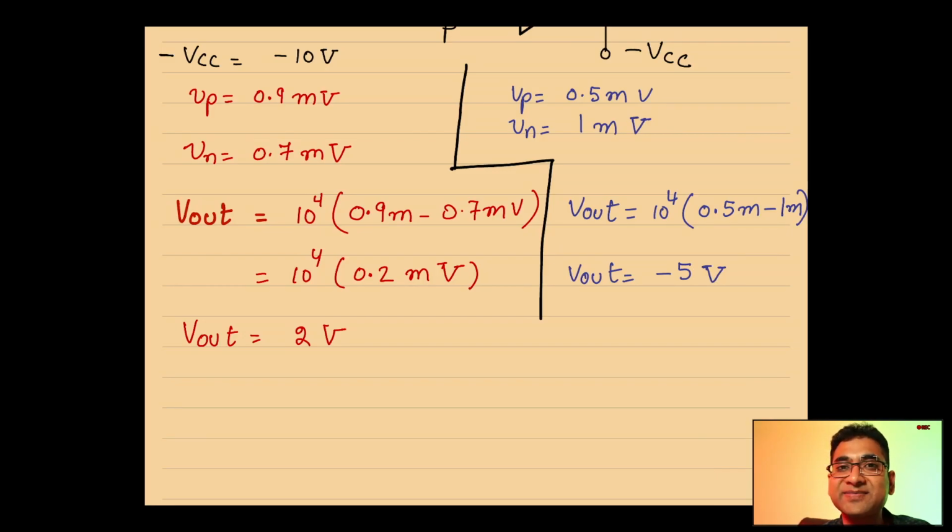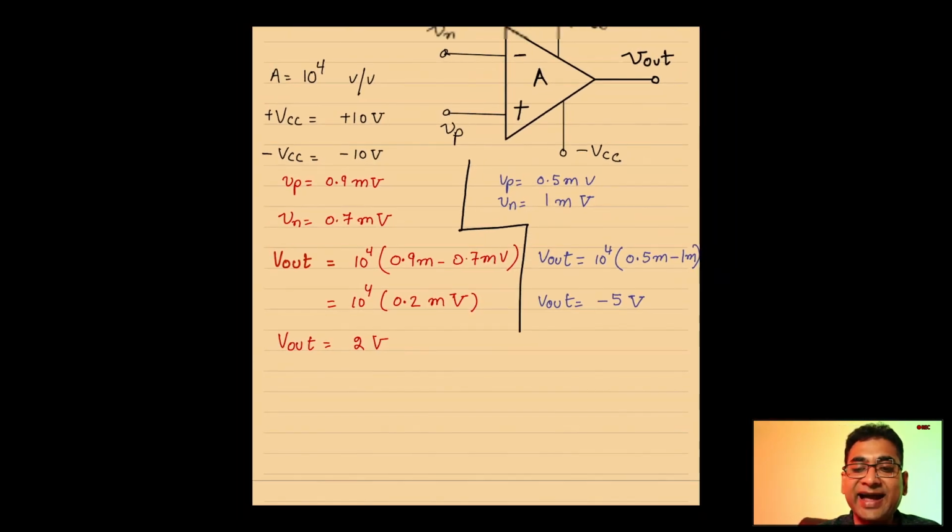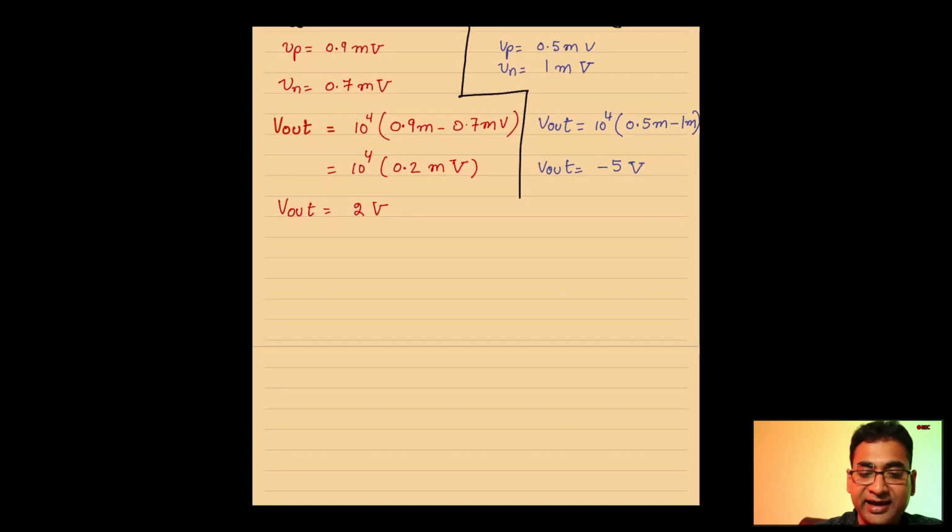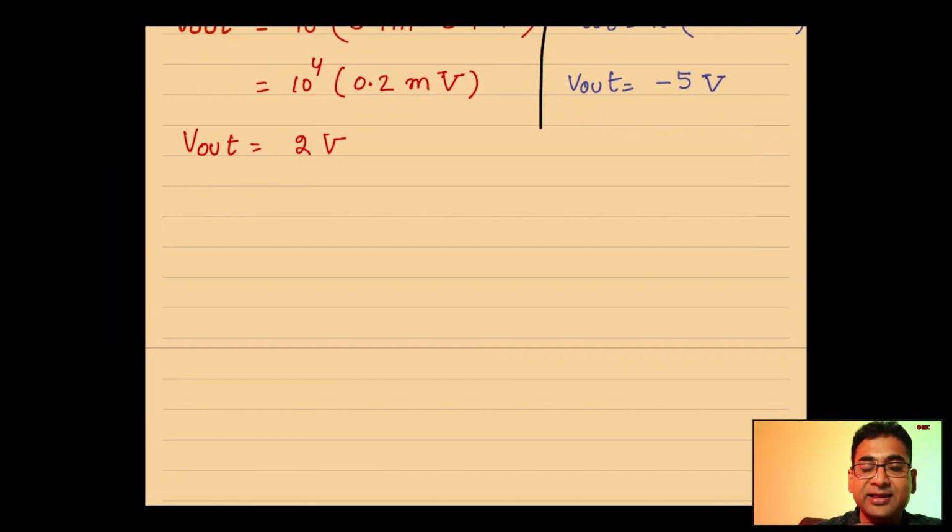Straightforward, right? So let's pick another number. This is going to be a bit of an interesting scenario, because I'm going to pick a value that might throw the op-amp out of its linear region. Let me show you what I mean.